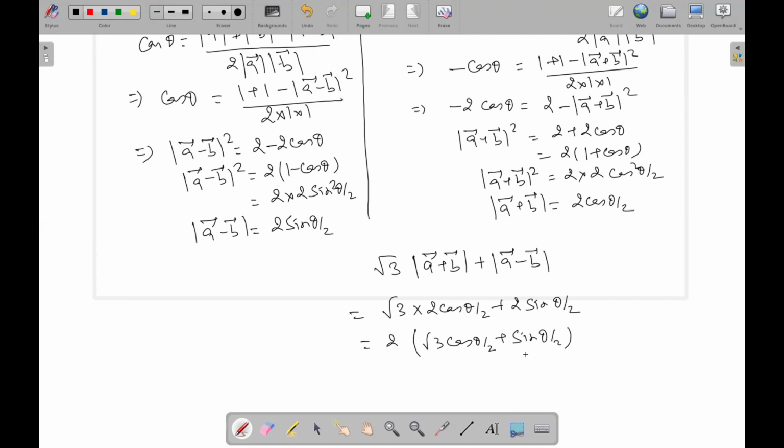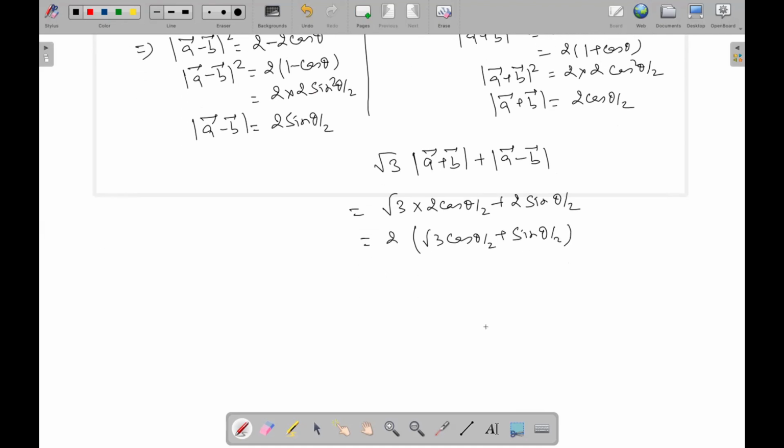And again, we know what the maximum value of this expression will be. But if you don't know, we just go ahead and do this work again. So I can just multiply and divide by 2 here. When I do this, this will become root 3 by 2 cos theta by 2, and this will become 1 by 2 sin theta by 2.